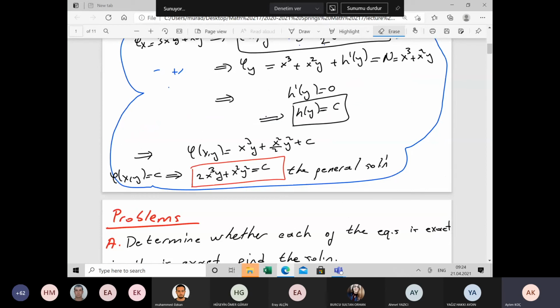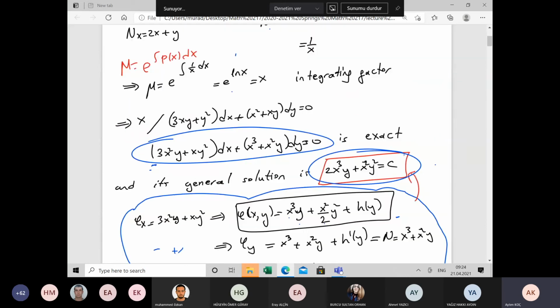Our equation multiplied by x, and we obtain the second differential equation. This is the differential equation of the second one. But our original equation is the previous one. But we claim that this is also a solution of the first equation.